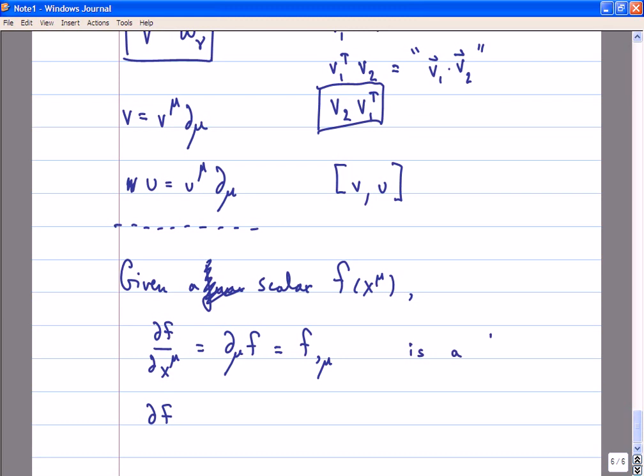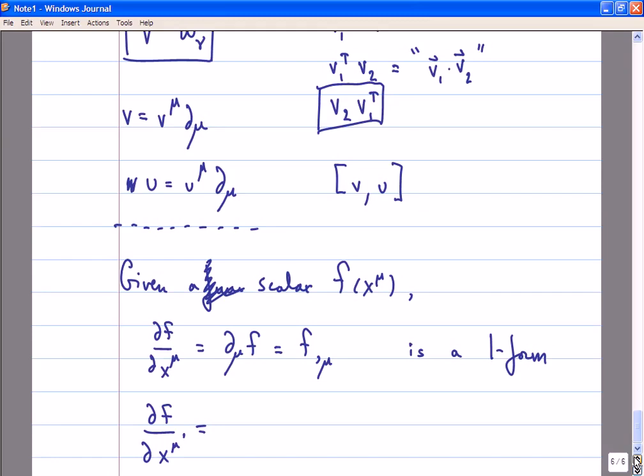In a new coordinate system, we would have the quantities df by dx mu prime, which, and you can probably guess how this is going to go now, can be related to the components in the x mu coordinate system by using the chain rule, by simply regarding the x mu primes as functions of the x mu's.